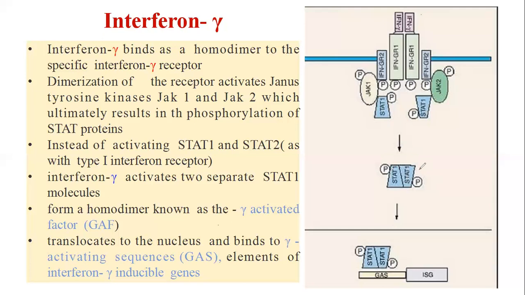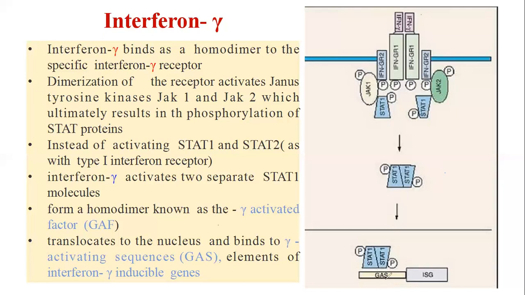They form a homodimer known as gamma activated factor, GAF. This translocates to the nucleus and binds to the gamma activating sequence, known as the GAS sequence, elements of interferon gamma inducible genes.